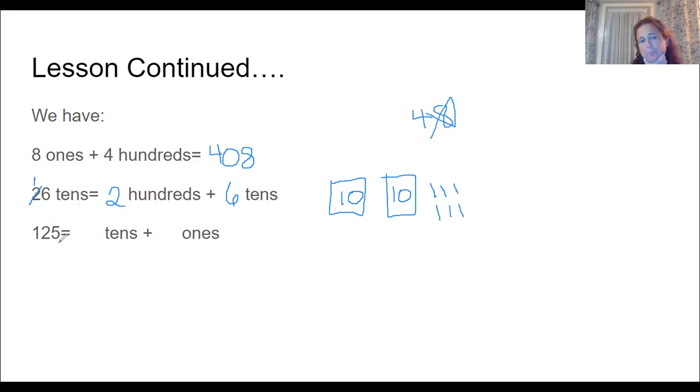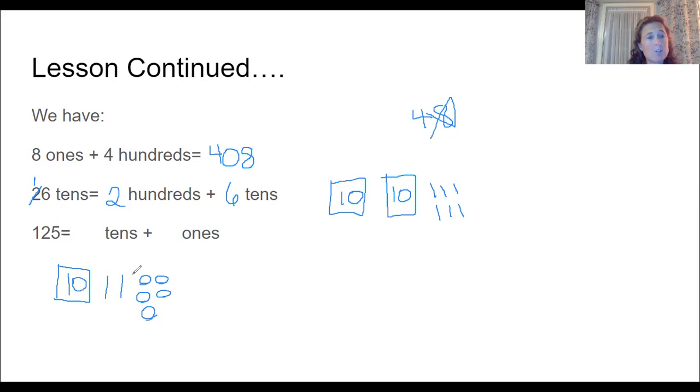Okay, how about 125? Well, if I have the number 125, let's think about that in base 10. We have 1 group of 100, 2 tens, and 5 ones. Okay, so, what did we say up here? How many tens are in 100? 10, right?